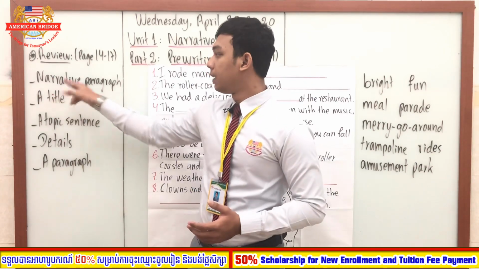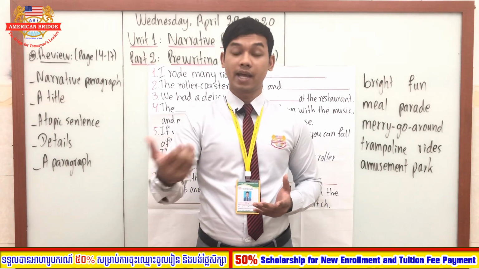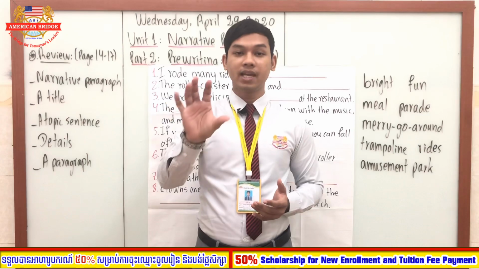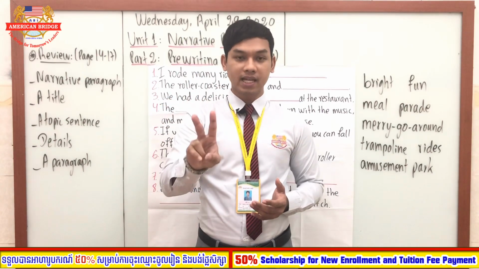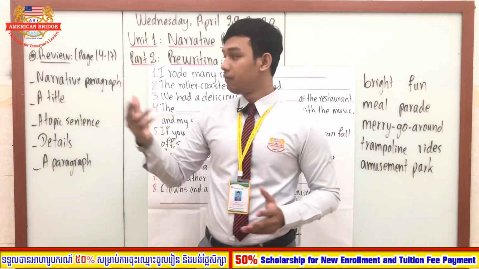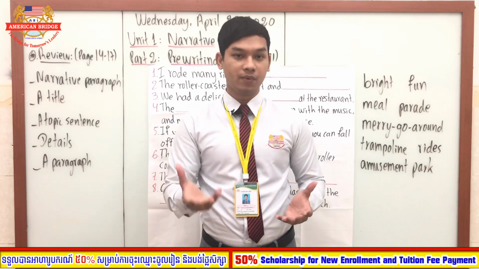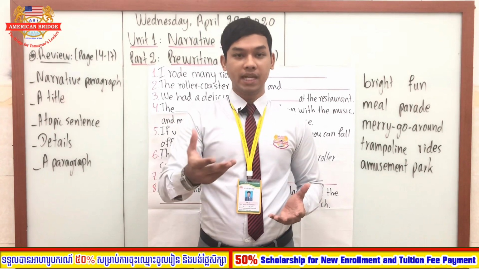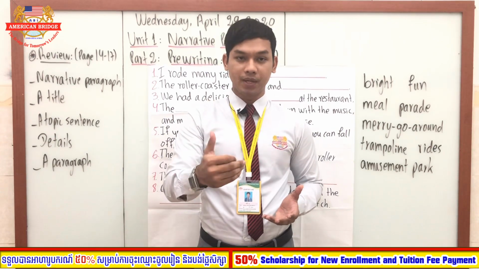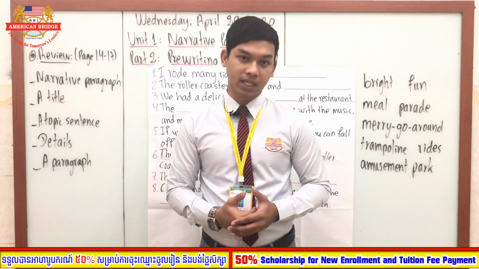So a narrative paragraph is a kind of paragraph that tells a story, and also something that happened first, second, third, etc. Or we can say the narrative paragraph is also used to describe events, and something that happened in sequence, the sequence of the activity.